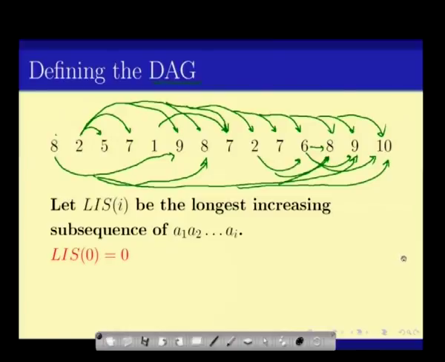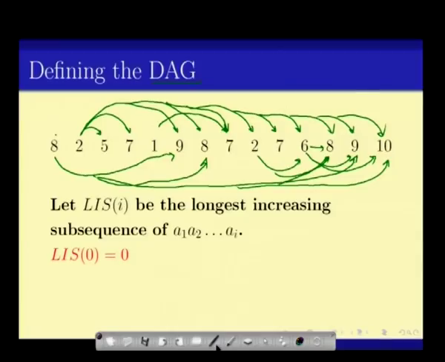And here is the interesting part. What happens if I consider, say, the longest increasing subsequence at i, say in this case this number, 1, 2, 3, 4, 5, 6, 7. So, LIS(7). Now, this has edges coming from all the things which are smaller than itself, and it has an edge from 2.